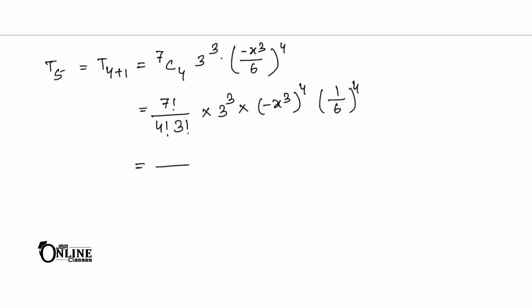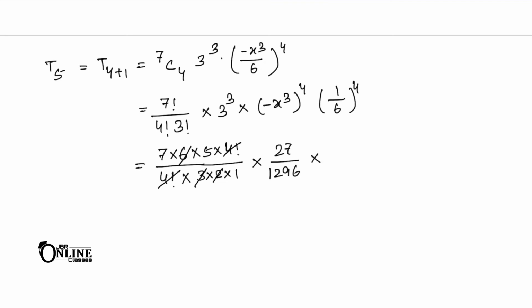So again you have 7 into 6 into 5 into 4 factorial, then 4 factorial cancels out, 3 to 6 cancels out, and next 3 to the power 3 means what, 27. And 6 to the power 4 means 1296.